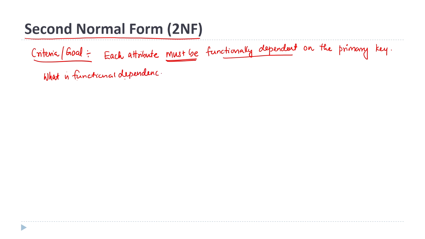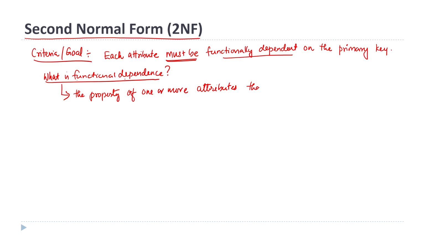So, now the question is, what is functional dependency? In the simplest terms, functional dependence means the property of one or more attributes, a property of certain attributes, that uniquely determines the value of other attributes.